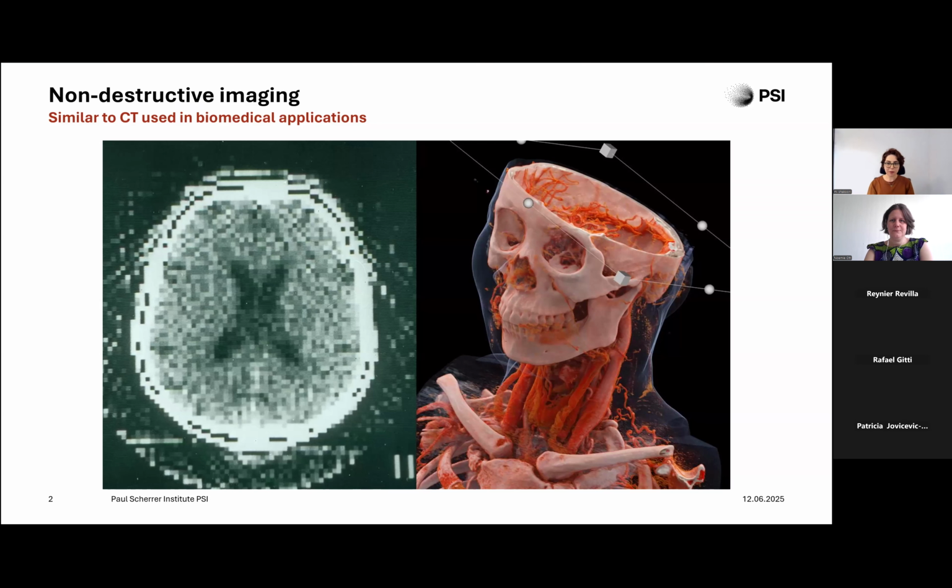Many of you have probably used medical computed tomography or CT scans to look inside the body without doing any surgery. The same basic idea, meaning rotating an object, taking X-ray views from many different angles, and then reconstructing a 3D image works just as well for inspecting engineering materials.